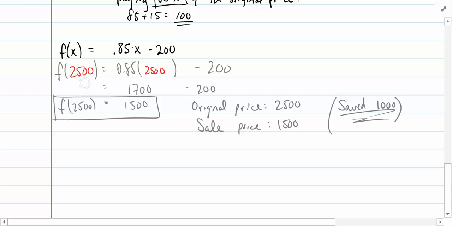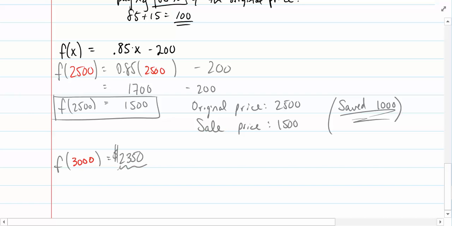If you tried a different number in place here, let's say that you were buying a more expensive model, f of $3,000. So let's say you bought a computer that was going to be $3,000. You'll find that the final price is actually only $2,350.